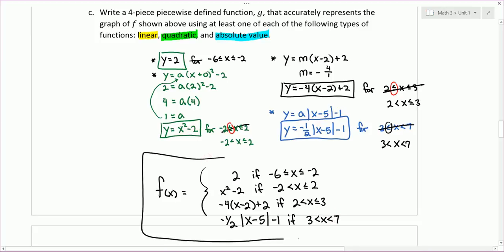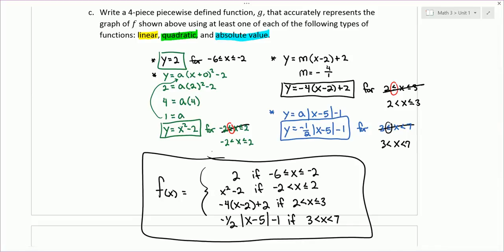That is our answer. A lot of work involved there. Take your time, make sure you have the right equation, and then the right domain for each equation. And just remember, the different pieces cannot share any points.